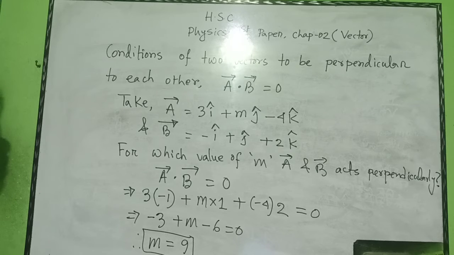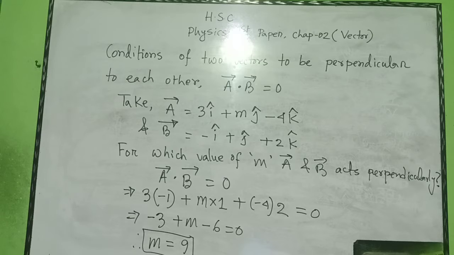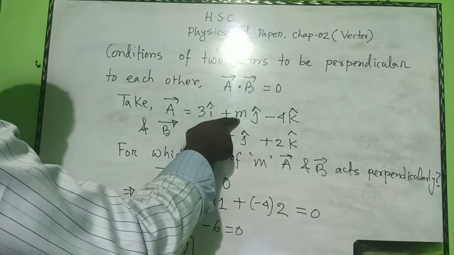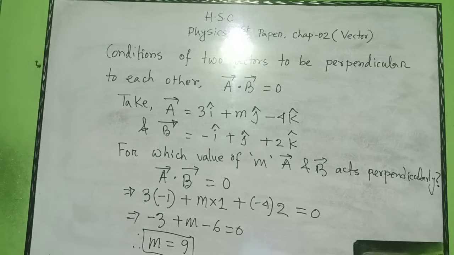Okay, so now you can solve if it is said that the two vectors act perpendicularly. We'll just take the dot product of them, and if it is 0, then you can easily say these two vectors are acting perpendicularly. Number 2, if it is said that these two vectors are not perpendicular, but I want to change any of the components here so that these two vectors act perpendicularly.